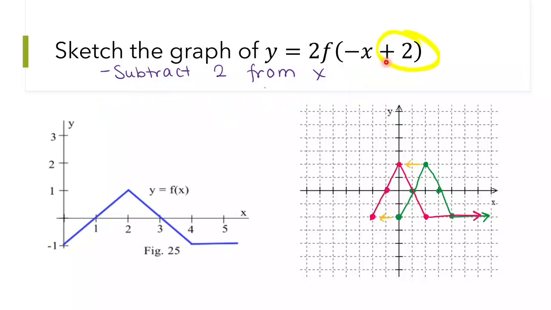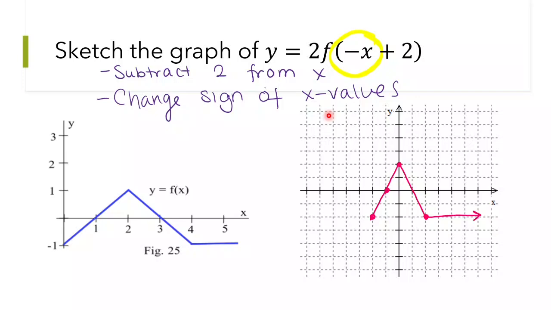All right, so let's do our shift first. So I'm going to take each of my x values and subtract 2. That's going to take this shape in green and move it to the left 2 units. Then I'm going to take that resulting graph and change the sign of all of my x values. That's going to take the graph and flip it or reflect it over the y-axis.